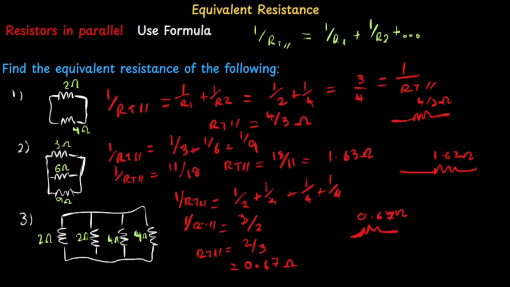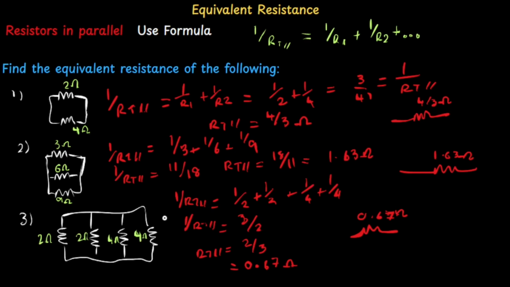Now I want you guys to notice one more point. The equivalent resistance of a parallel connection is always less than the lowest value of a resistor in the connection itself. 4 divided by 3 is less than the value of 4 in this connection. 1.63 is less than the value of 9 in this connection. 0.67 is less than the value of 4 in this connection.